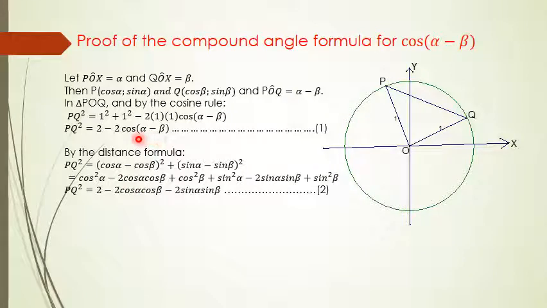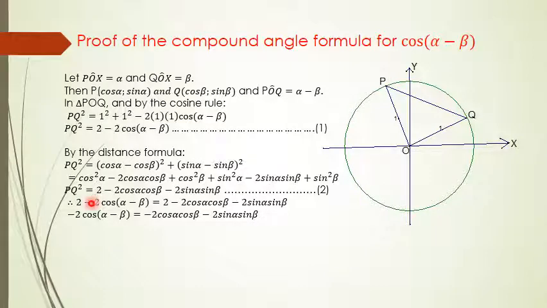Now looking at the two equations, the left hand sides are equal. Therefore the right hand sides are also equal. So we can equate the right hand sides of the two equations. Thus we obtain 2 minus 2 cos (alpha minus beta) equal to 2 minus 2 cos alpha cos beta minus 2 sin alpha sin beta. Subtracting 2 from both sides will eliminate these 2's.